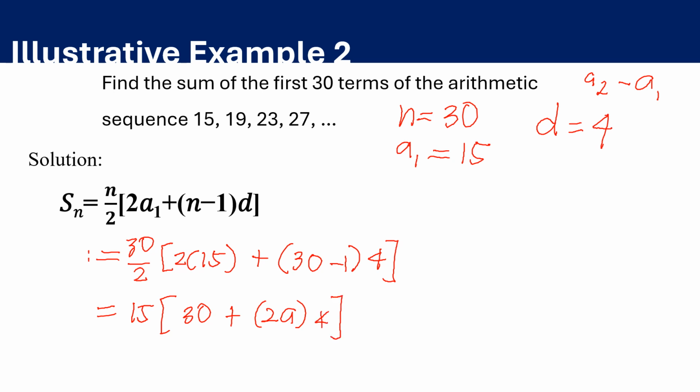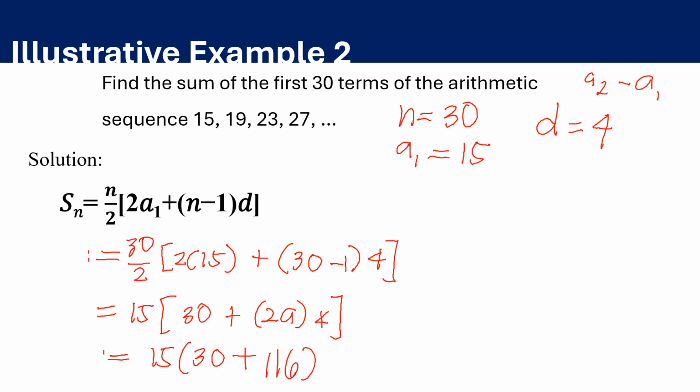And let's continue to discover the sum again. That would be equal to 15 times 30 plus, what is 29 times 4? 29 times 4 is equal to 116.